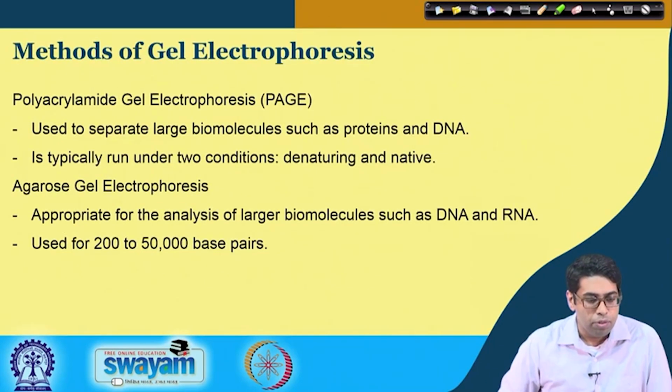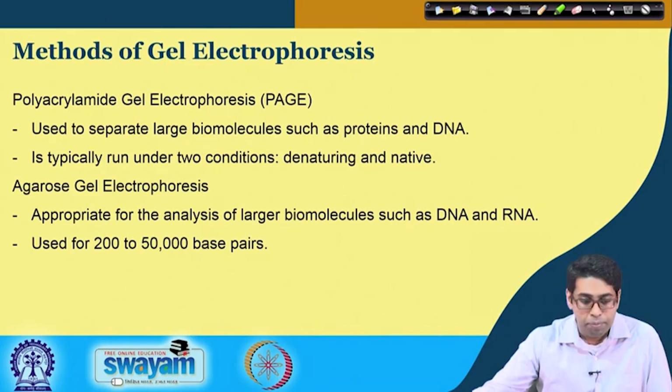As I mentioned before, there are many types of gel electrophoresis, but in this lecture I am going to focus mostly on two types. One is polyacrylamide gel electrophoresis, the other one is agarose gel electrophoresis. Polyacrylamide gel electrophoresis is used to separate large biomolecules such as proteins and DNA, and agarose gel electrophoresis is used to separate even larger biomolecules, typically DNA and RNA.